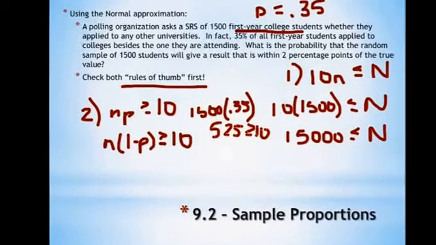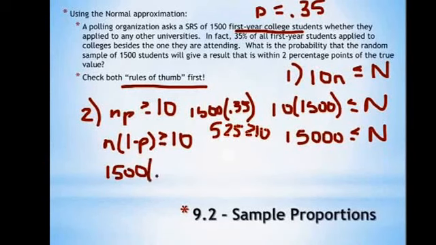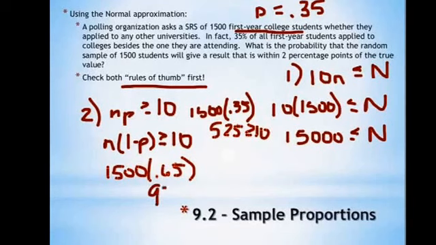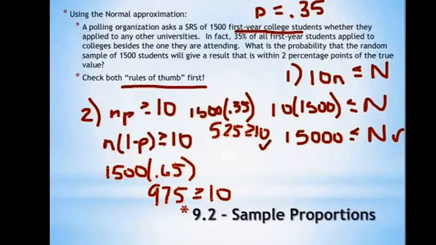And then we have 15,000 times 0.65. 1 minus p is 0.65, which is 975, which is much larger than 10. All right, since we checked both of our rules and they both work, check. Now we can use the normal approximation.